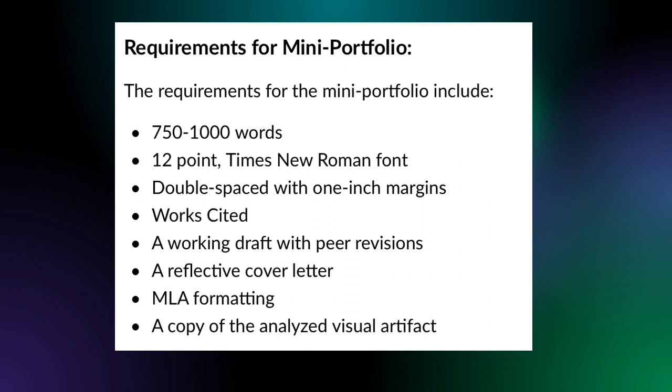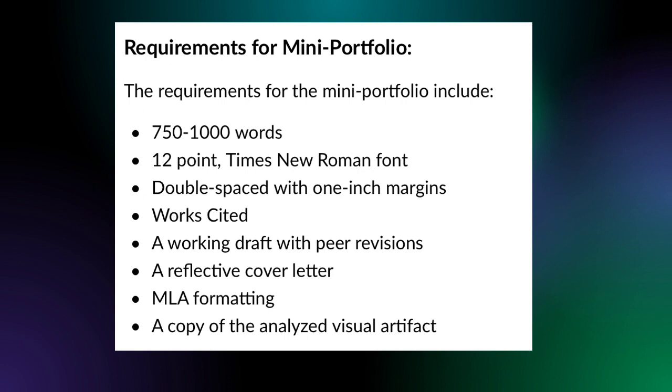So there you have your word count, some guidelines about how to format that. I do want to point out, this says works cited, but I am certainly not requiring a works cited page. Really, the only thing that you're citing is the link to the visual artifact that you analyzed. So in your mind, you can just cross out the works cited.